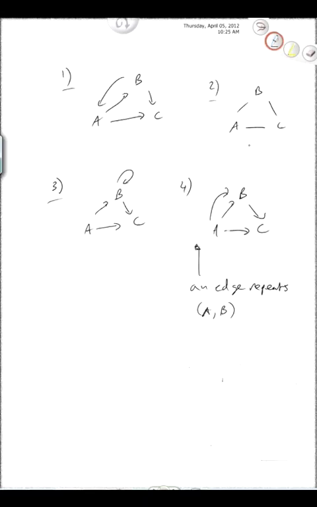So in our examples here, example 2 is an undirected graph, but examples 1, 3, and 4 are directed graphs.